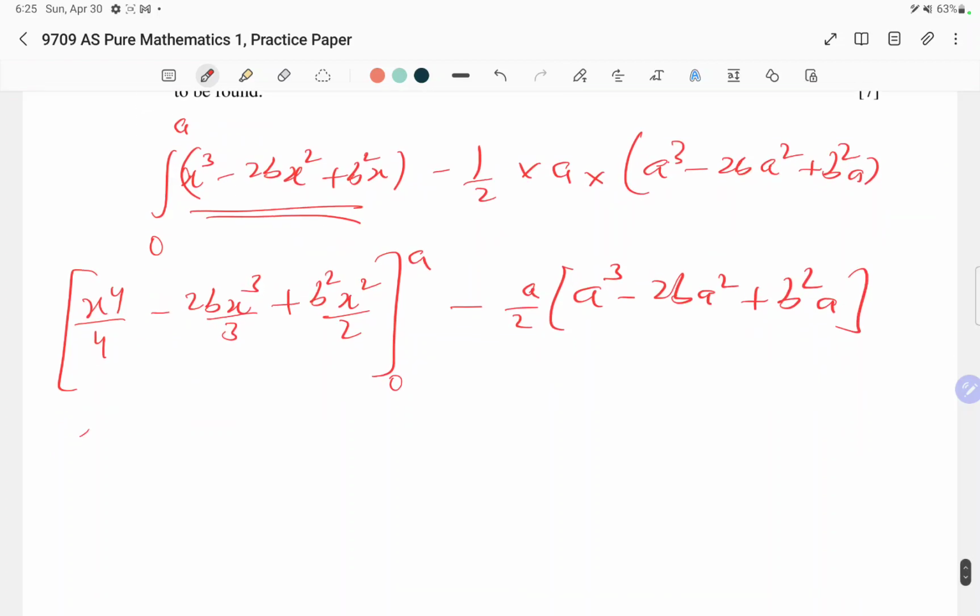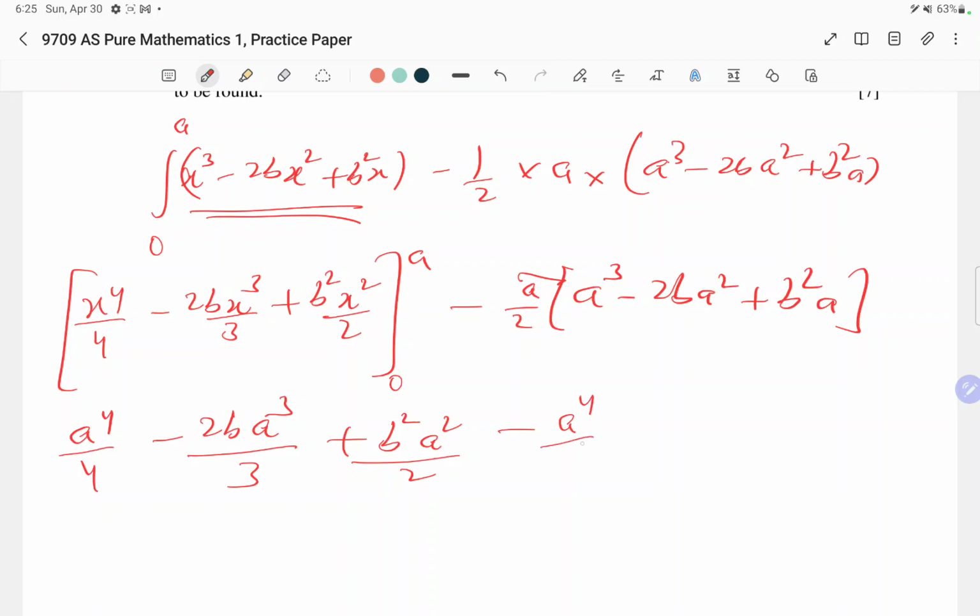Just put in the upper limit: a to the power 4 over 4 minus 2b a cubed over 3 plus b squared a squared over 2, minus, taking a inside, a to the power 4 over 2 plus 2b a cubed over 3, and now minus a over 2 times b squared times a, which is minus b squared a squared over 2.